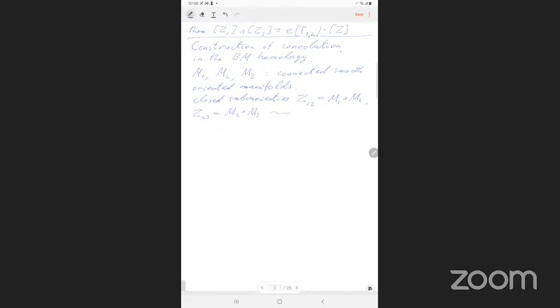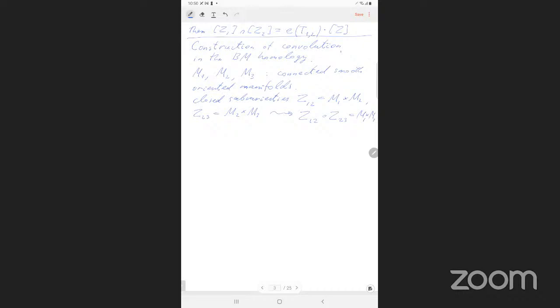Then we can associate to this their composition, so to say, or convolution, in M1 times M3.